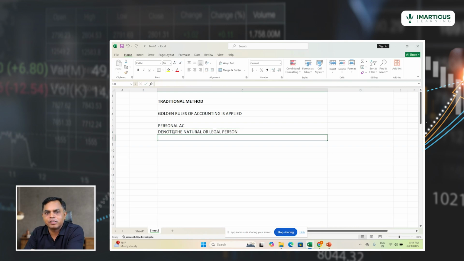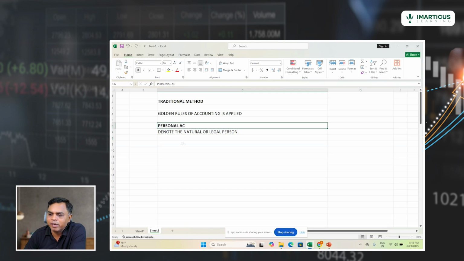Natural persons refers to persons like Mr. A, Miss B, something like that, and legal persons represent entities. They can be a company, a bank, or an NGO, something like that. So the personal account is the first type of account, which denotes a natural or a legal person.